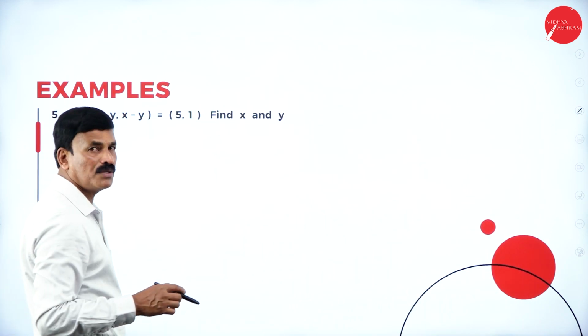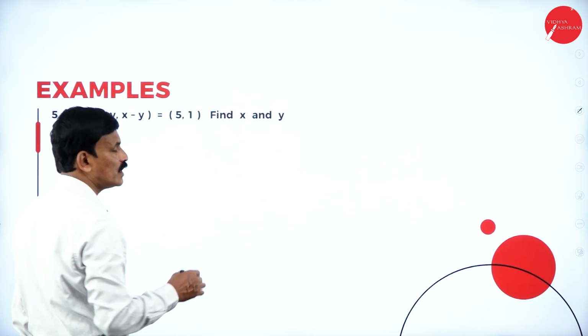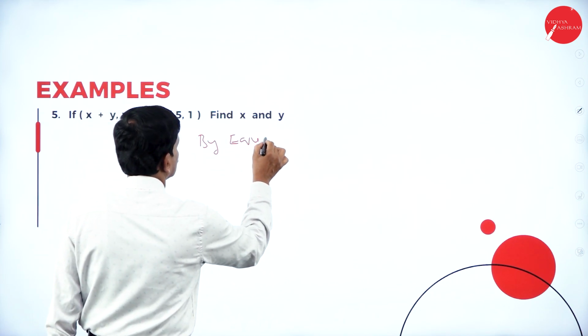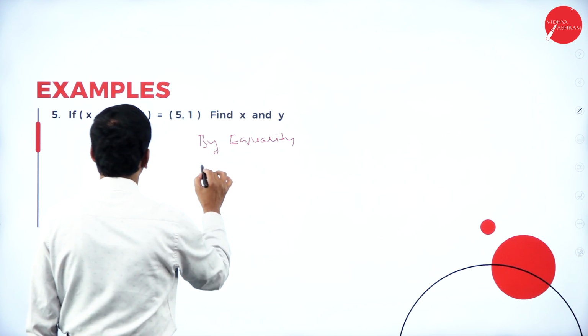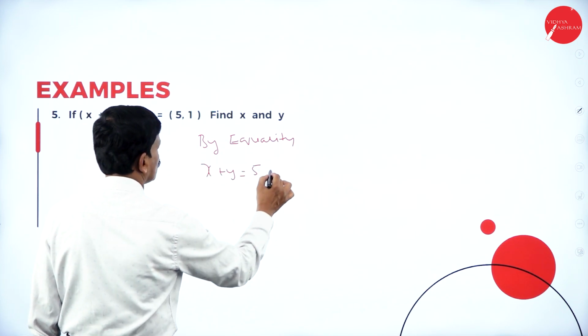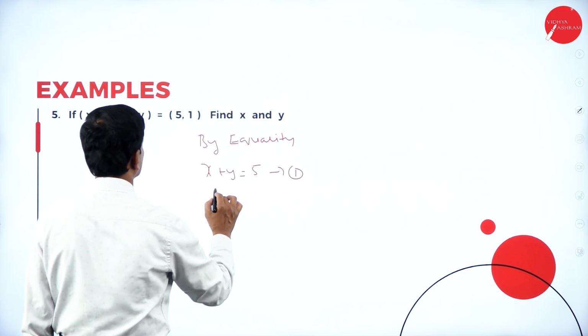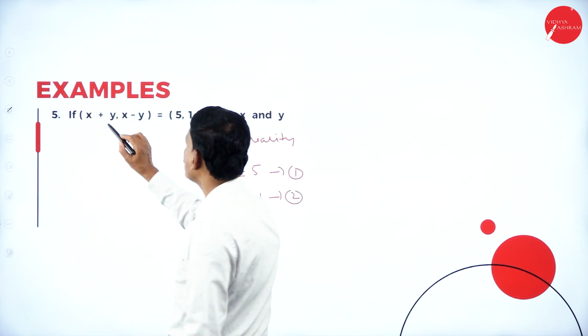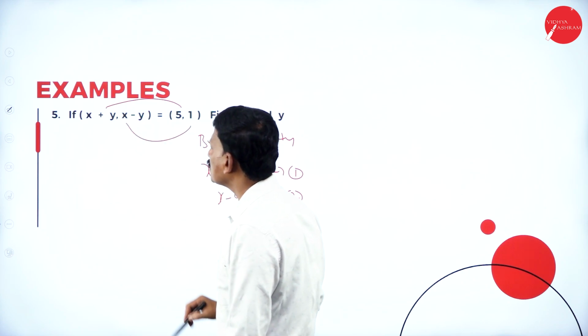If (x + y, x - y) is equal to (5, 1), find x and y. Same, by equality, here x + y = 5. Let us represent this as equation number 1 and x - y = 1 as equation number 2. First element is equal to first, second element is equal to second.